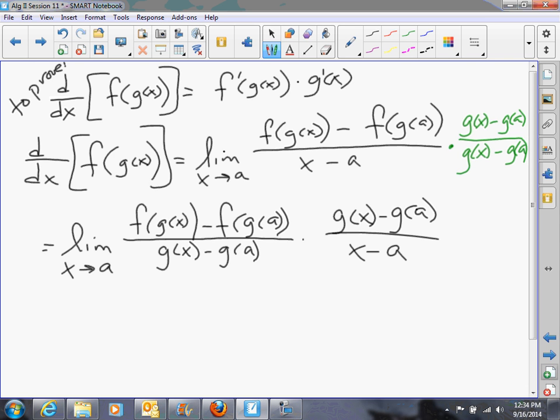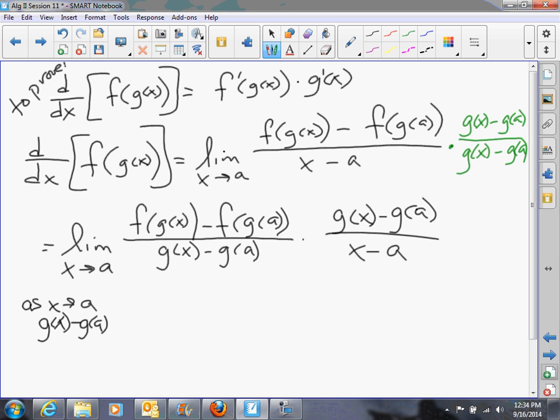One more thing. If g of x is a continuous differentiable function as x approaches a, it is true that g of x approaches g of a.